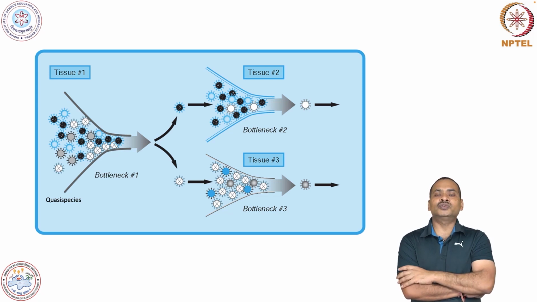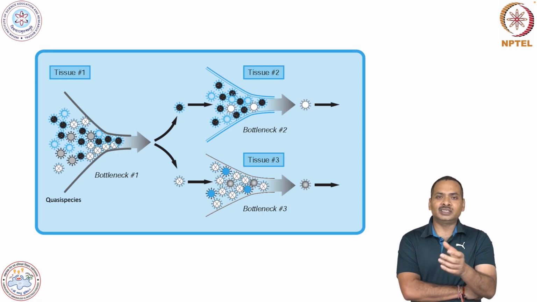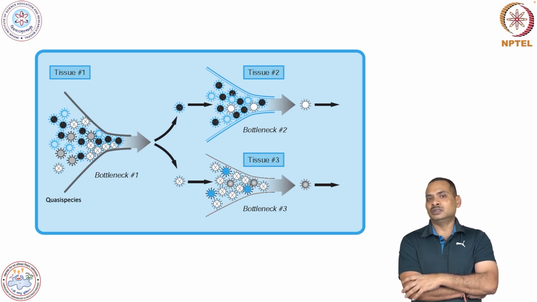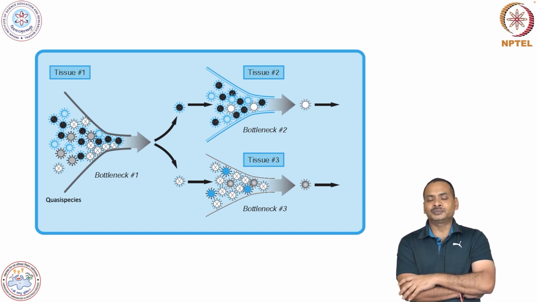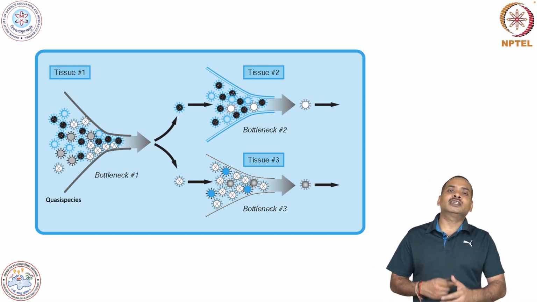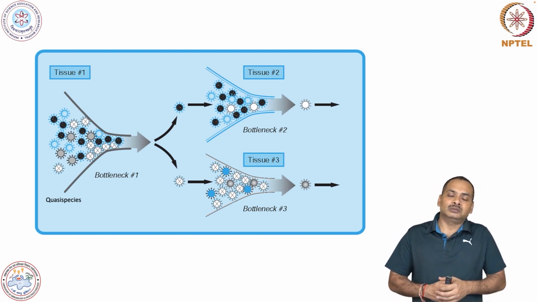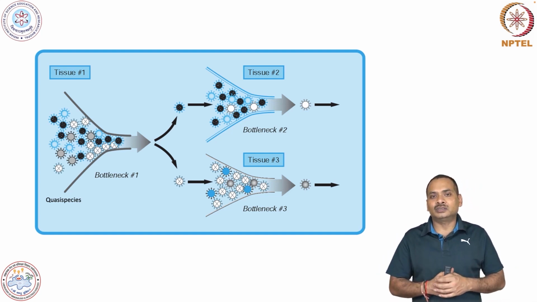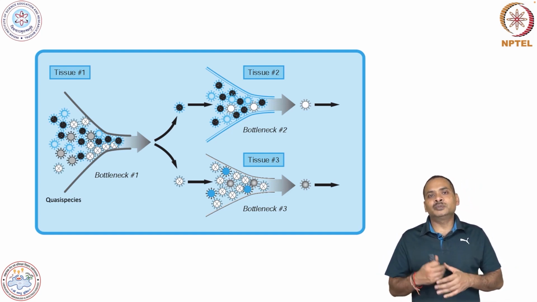They don't have a proofreading mechanism, and if it is there, it is not very good. That is why when virus infects the host cell, they keep on varying. This is a property of virus.